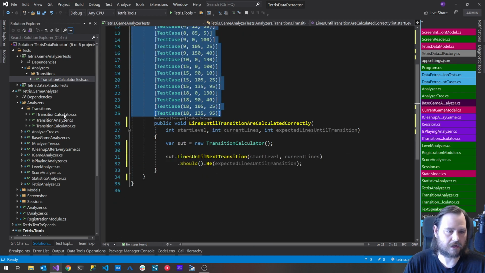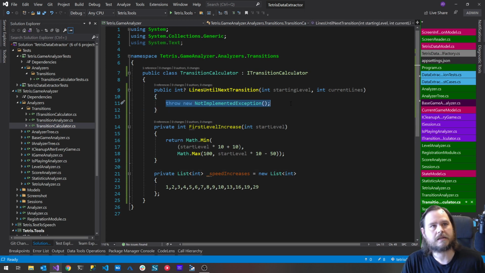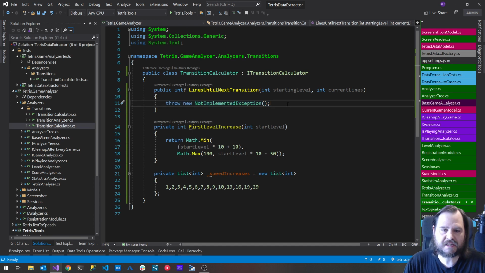Let's go back to our transition calculator and figure out how we're going to do this. We spun our wheels a lot last time, and we'll try and do it for real this time. So we need to get the current level that you are on based on the current lines.